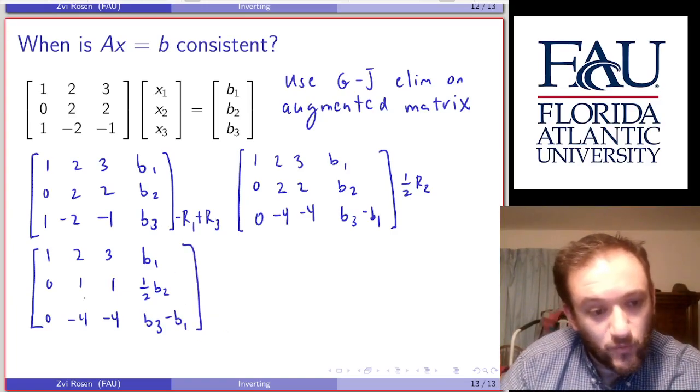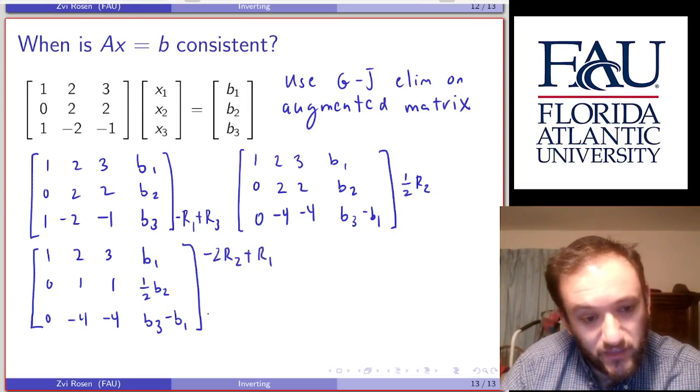Okay, what's up next? We need to take minus 2 times row 2 plus row 1, and 4 times row 2 plus row 3.